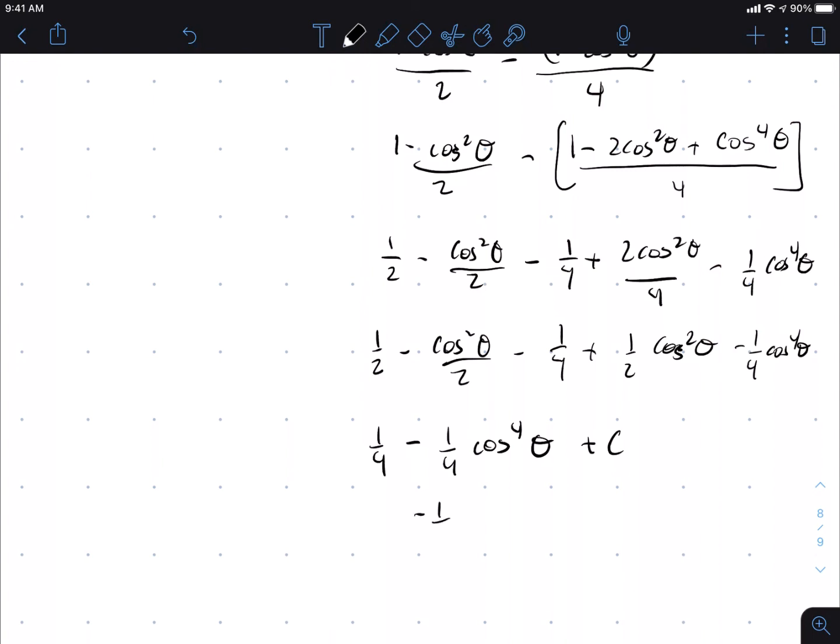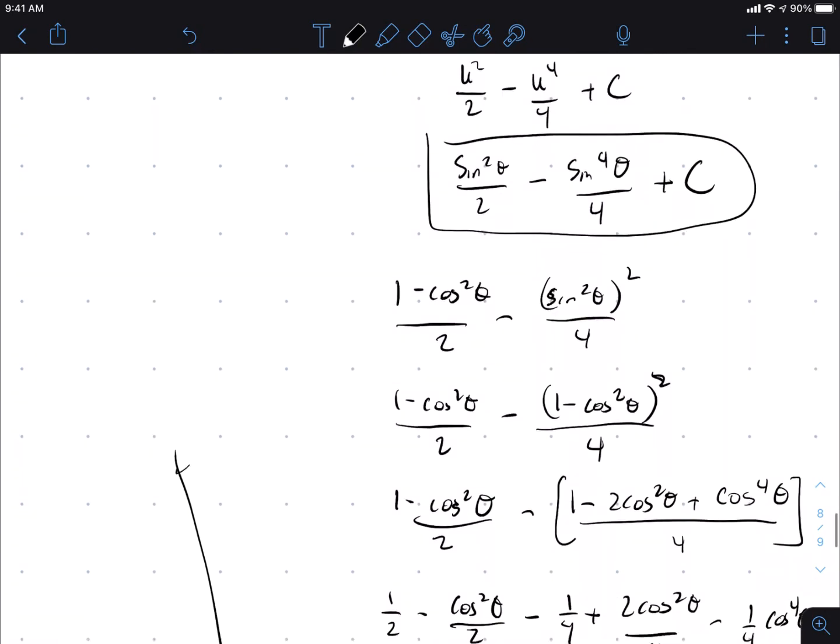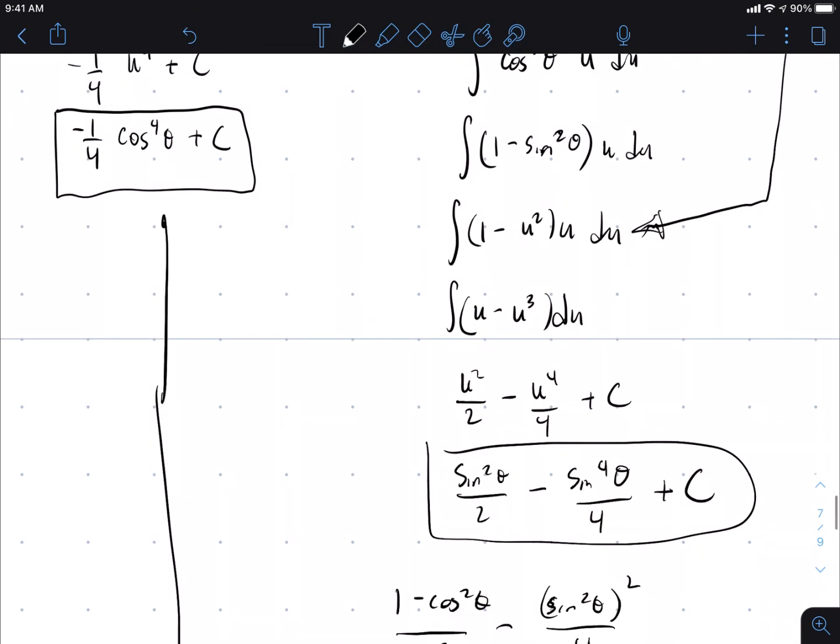So I can write that as negative 1/4 cosine to the 4th theta plus some constant c, because 1/4 plus a constant is a new constant. Yep, I did it right. Isn't that cool? I can prove my work.